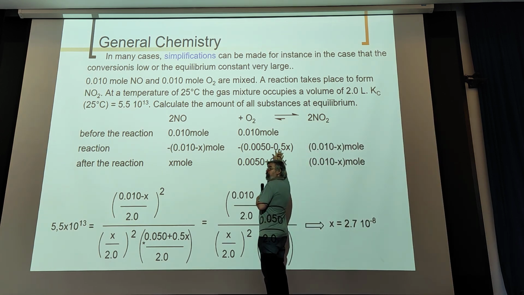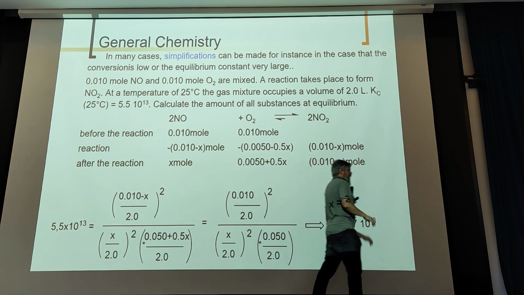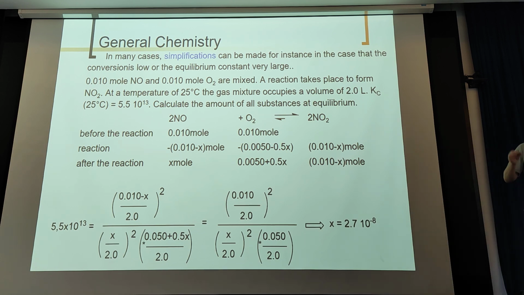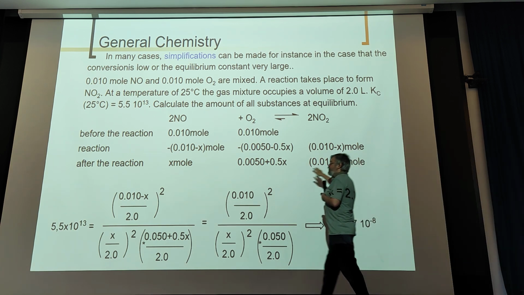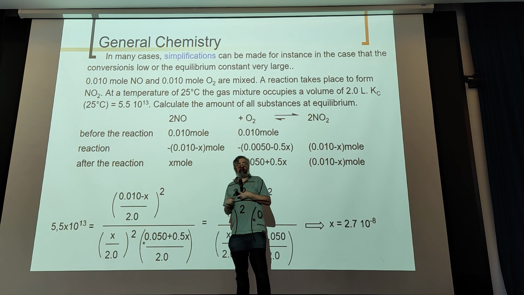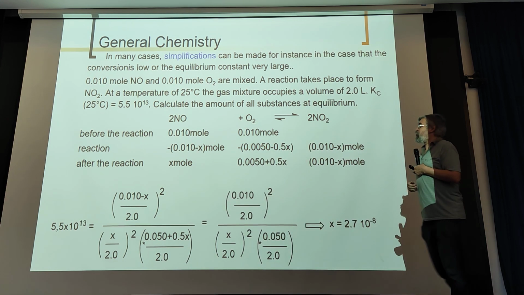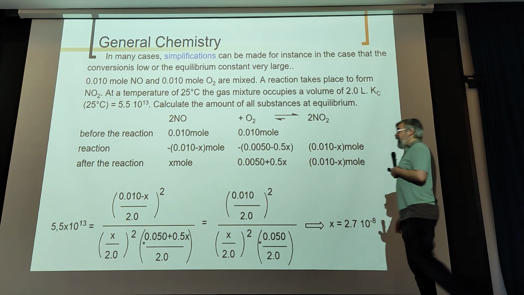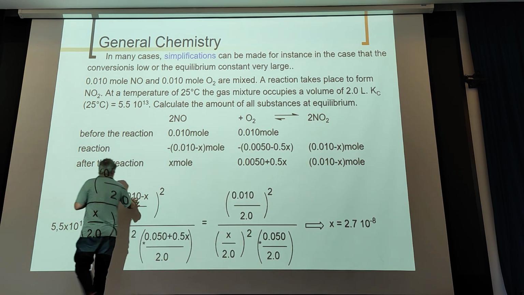So half of it has to disappear in oxygen, and the same amount is now forming, so meaning 10 millimole, except for that very small amount x. And these then become the concentrations at the end when the equilibrium is reached. So now we put that in our equation. We have the number for K. So NO2 is the product.